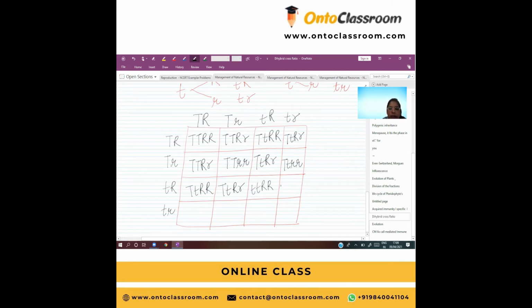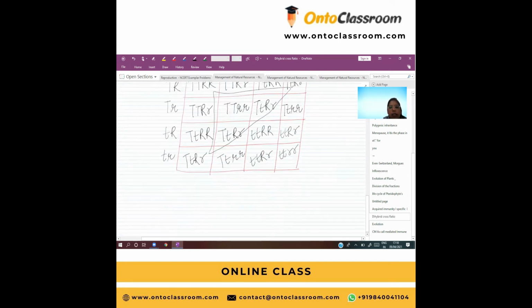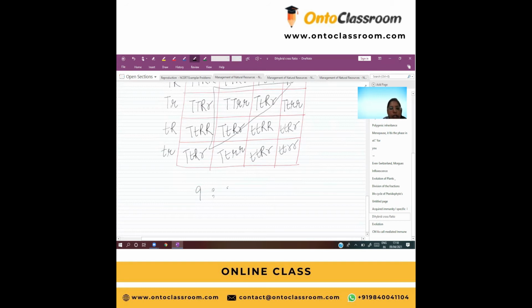And after filling the squares, as we have reached the last line of this Punnett square, you can easily make out that we are going to get 9 is to 3 is to 3 is to 1.